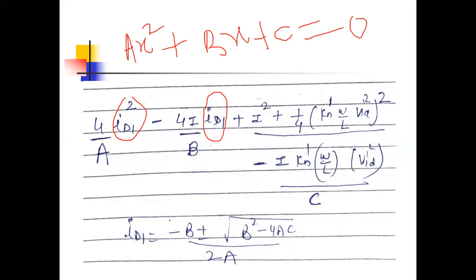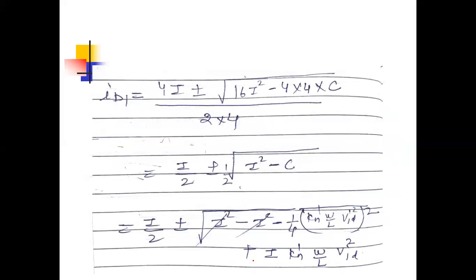So how to solve this quadratic equation? Minus b plus minus under root b square minus 4ac upon 2a. Now put all the values of b, a, and c. Okay. So this is your b, this is your a. I'll put the value of c after that. Here I have just put c. So what will happen?